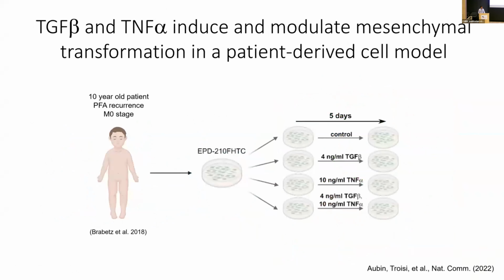So then we tried to validate some of these findings more mechanistically, and we considered a patient-derived cell model from the recurrence of one patient, and treated those cells in vitro with some of the cytokines that we were seeing expressed in the infiltrating microglia to see whether we were able to induce the mesenchymal transformation in vitro.